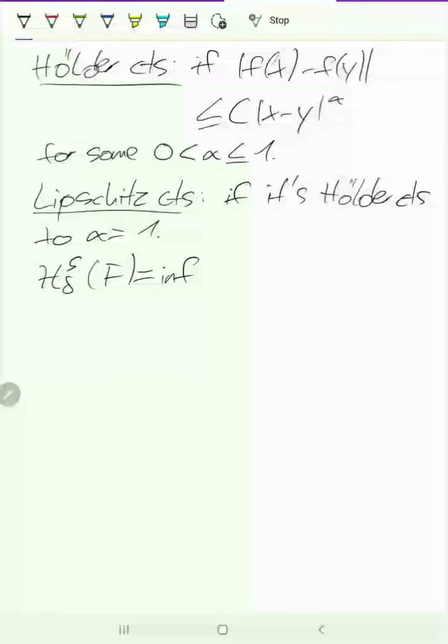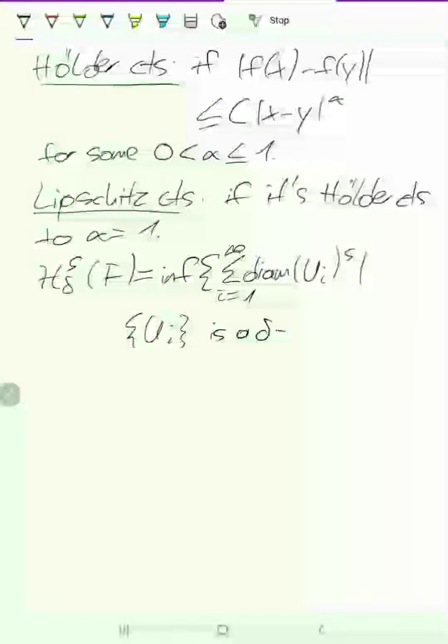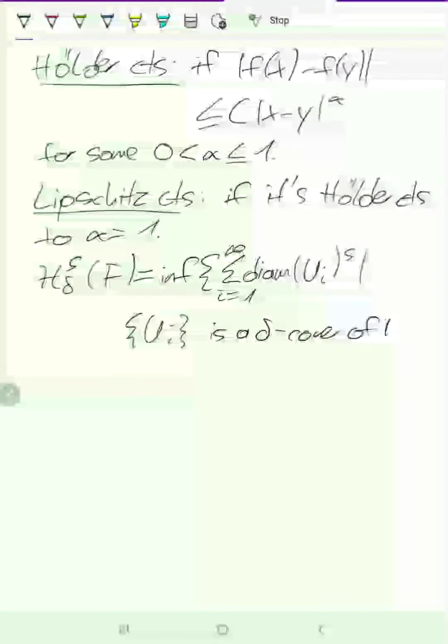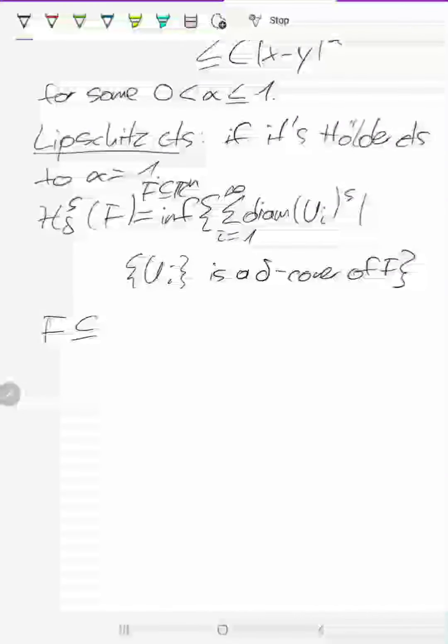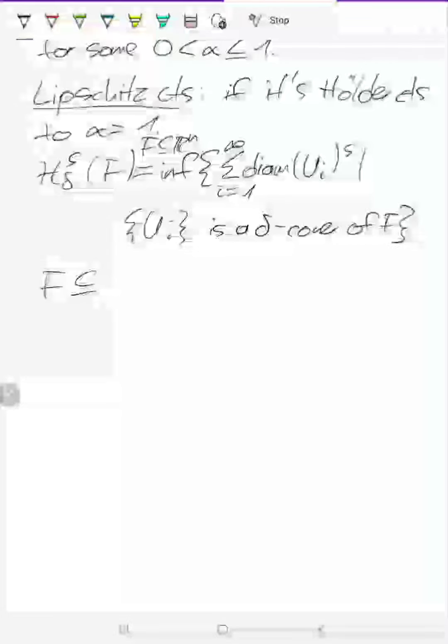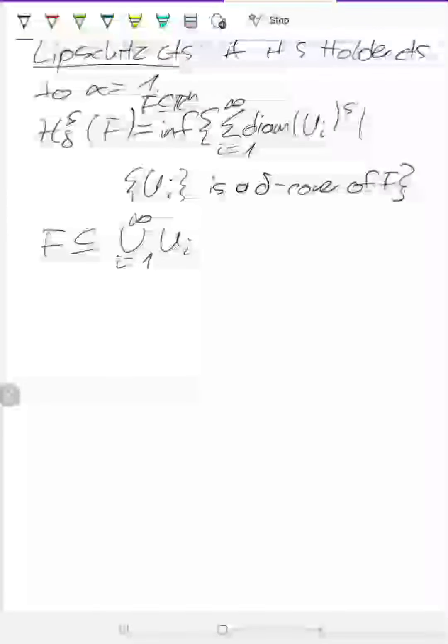So this quantity here on the left-hand side is just this infimum over this series over the diameters of these U_i's, where U_i is a delta cover of the set F. So maybe let me write that F is some subset of R^n, and delta cover just means that the diameter of the set U_i is at most delta and that this union covers F. Okay, so that's the definition.